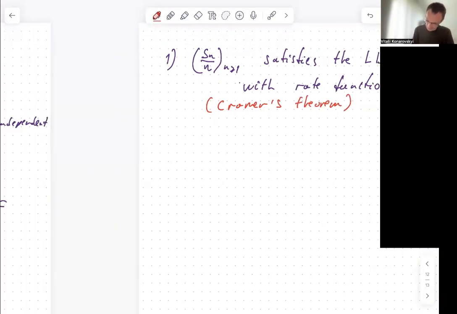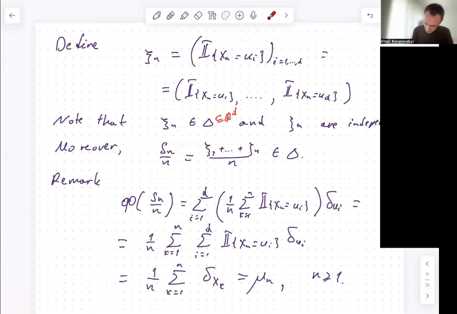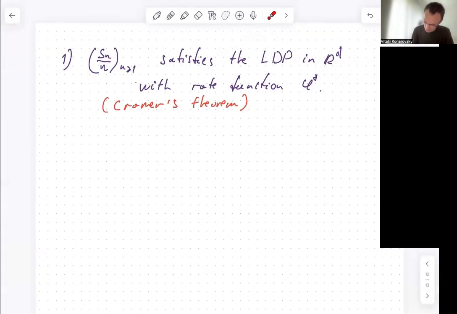But you see that at the moment you cannot directly apply the contraction principle, because to apply it you need the function phi defined on R^d, since the large deviation principle is on R^d.